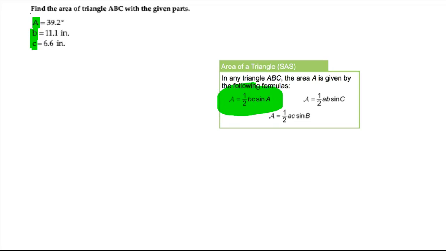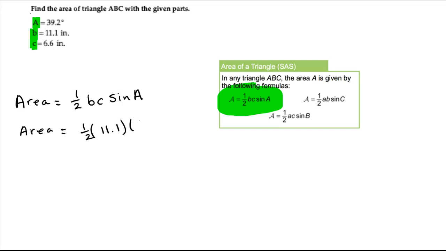And these are very easy questions to find the area of a triangle. You don't even need to draw the triangle in this case. So what does the area look like? It is half of bc times the sine of the angle A. So in this case, we have half of 11.1 times 6.6 times the sine of 39.2 degrees.